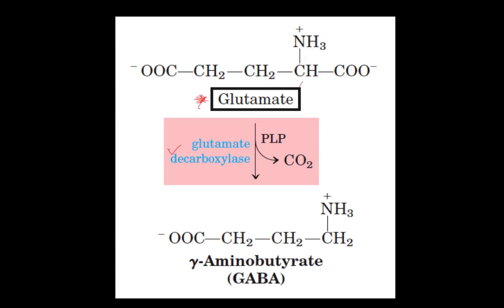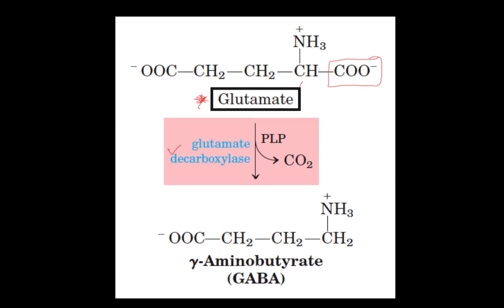If you look at the difference between glutamate and GABA, you realize that we lose this COO minus group. It is lost as carbon dioxide, and that is why we call it a decarboxylation reaction.